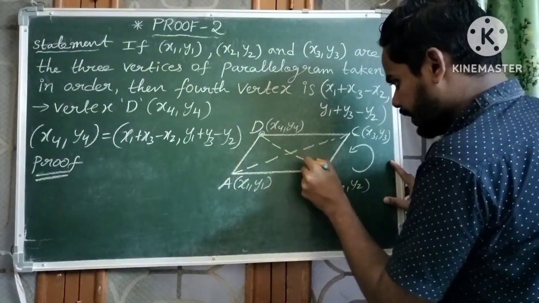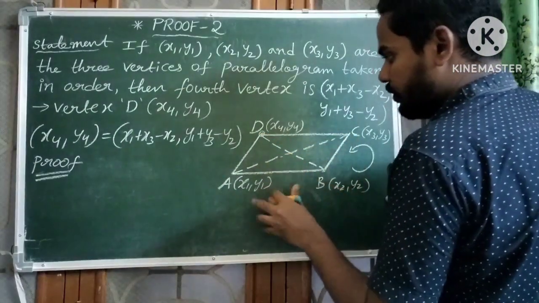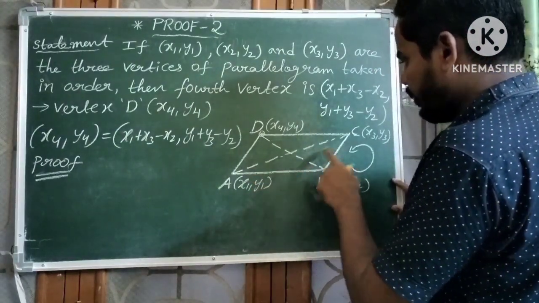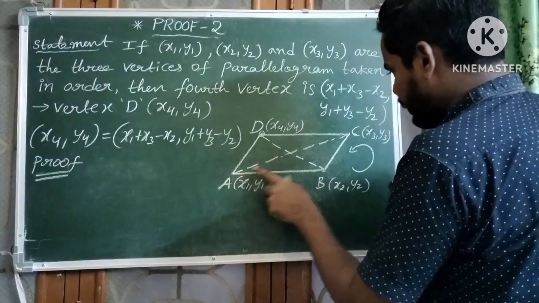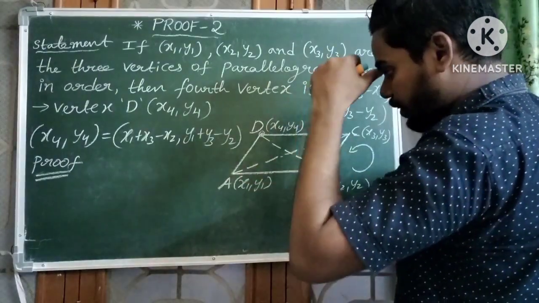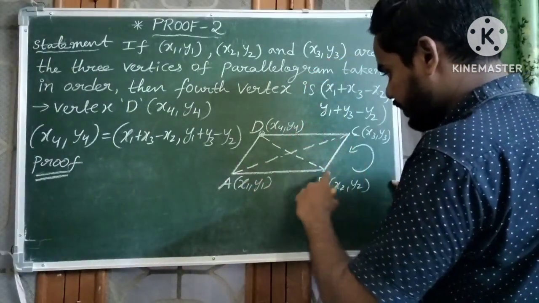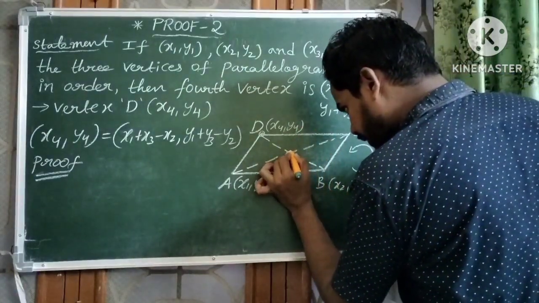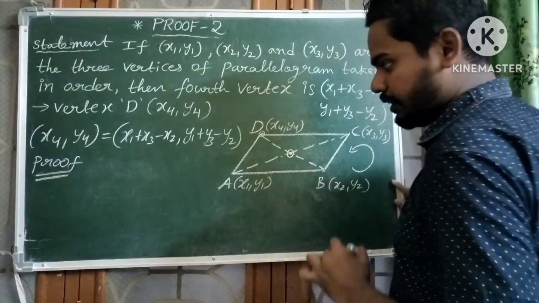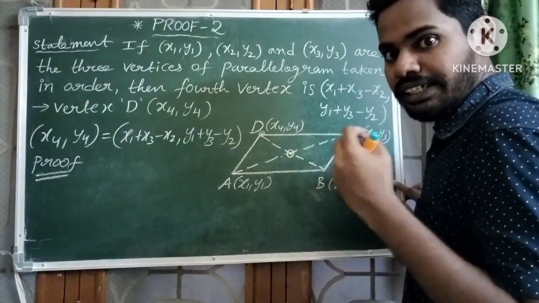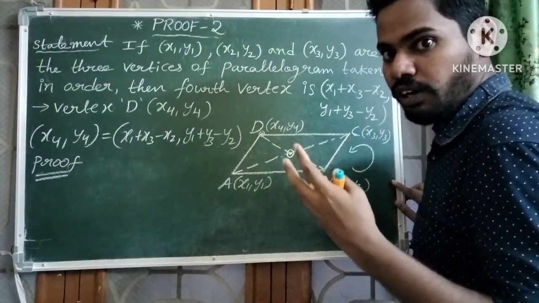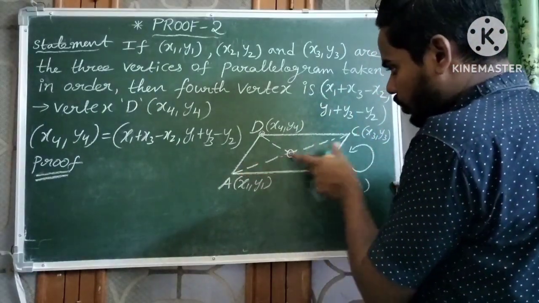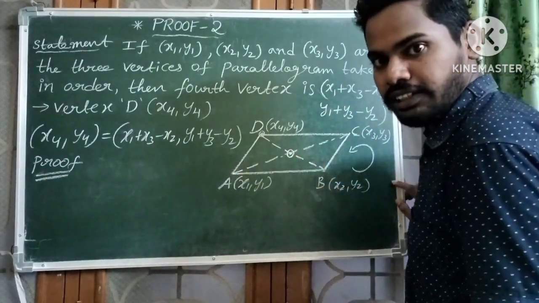In a parallelogram we have two diagonals, diagonal AC and diagonal BD. So the two diagonals bisect each other, which means each diagonal is divided into two equal halves or two equal parts.